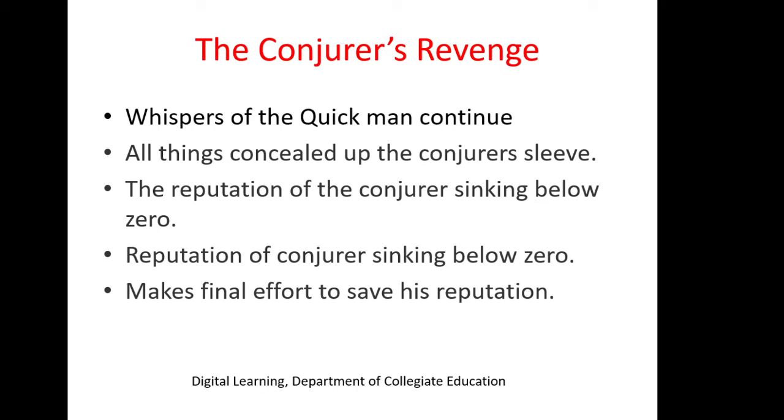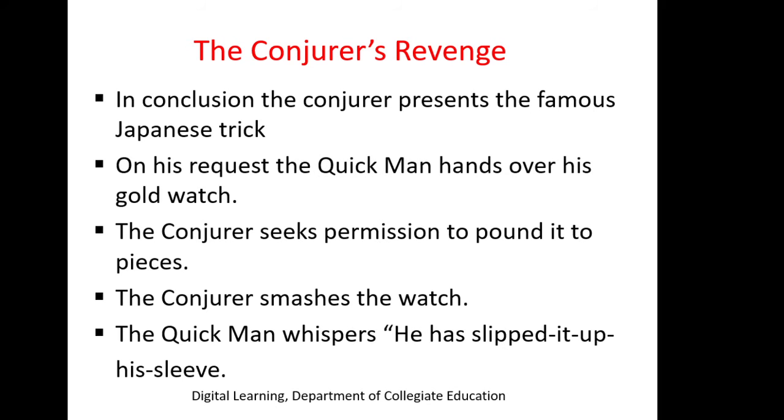As the conjurer goes on performing one trick after the other, a pack of cards trick, a loaf of bread is extracted, then he gets out a doll's cradle, a live guinea pig, a rocking chair, and so on. His tricks continue, but every time the quick man whispers that he has concealed all these things up his sleeve. The reputation of the conjurer is sinking below zero, and he makes a final effort to save his reputation.